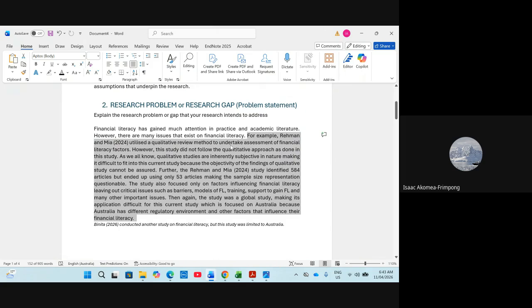The way to go about this is that, as I have stated these problems, when you are writing, you can use other papers to support the gaps that you have identified in one or two papers.